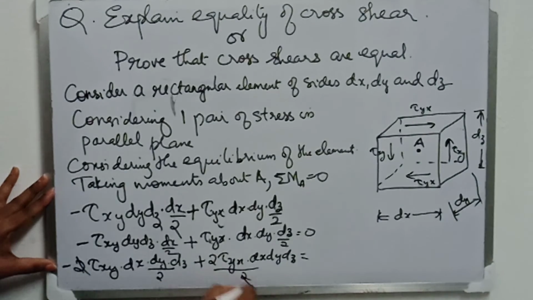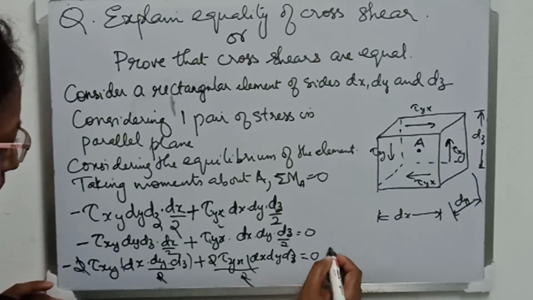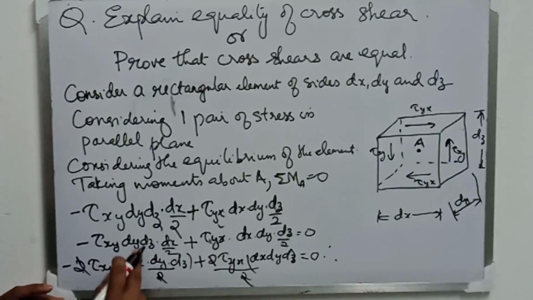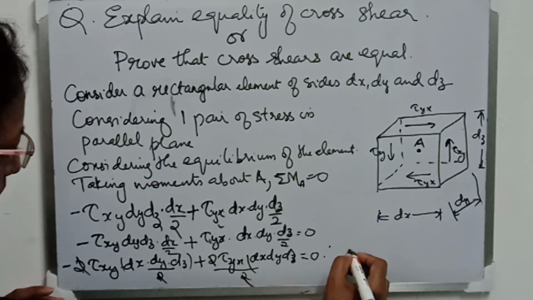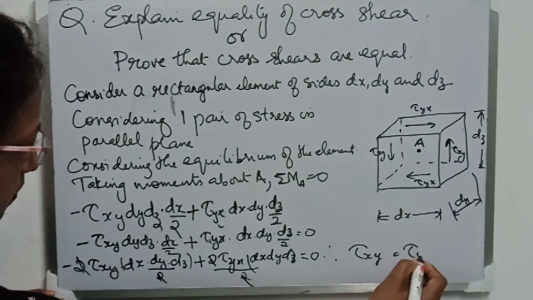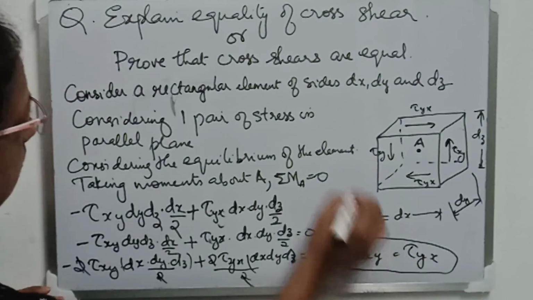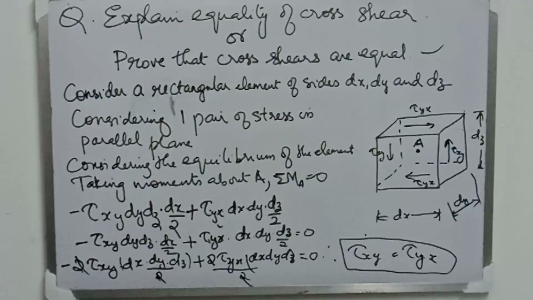Here 2 and 2 cancel. Then dx dy dz will also get cancelled. So cancelling out the common terms and rearranging, we get the equation tau xy is equal to tau yx. And this proves that cross shears are equal.